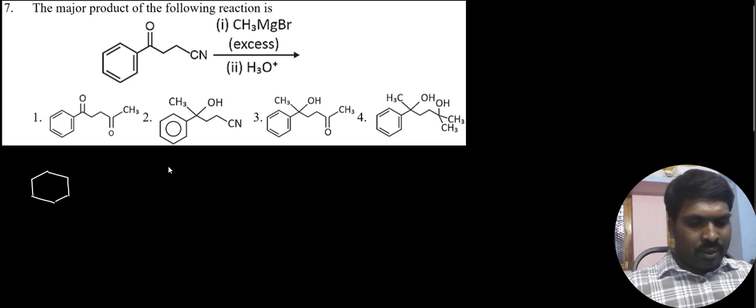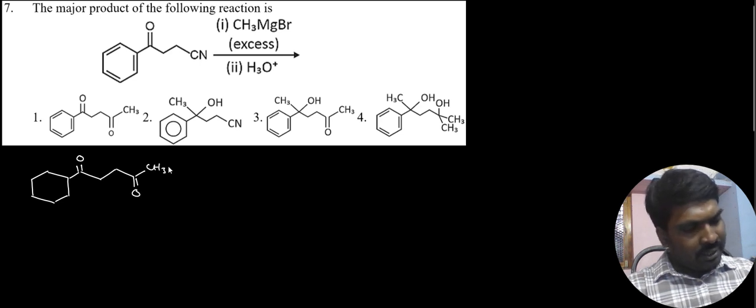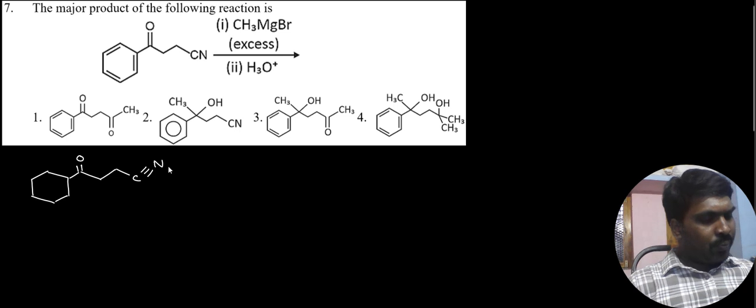So we have a double bond O with CH2 and a double bond O with CH3. Wait, cyanide, no? C triple bond N. Now excess methyl magnesium bromide.